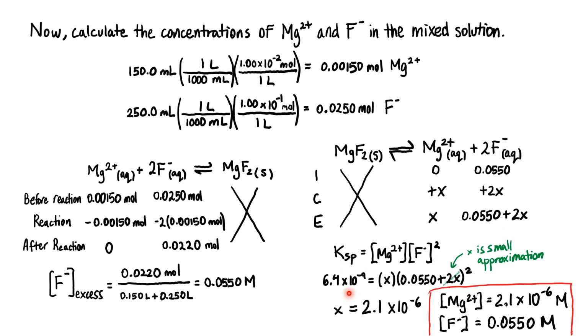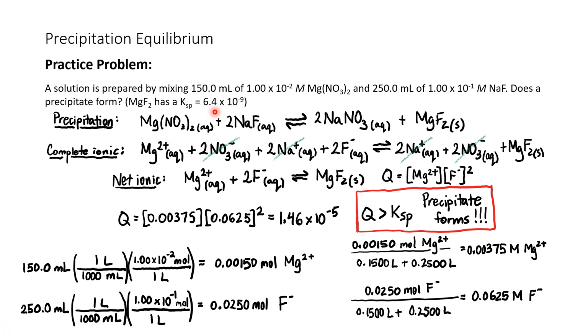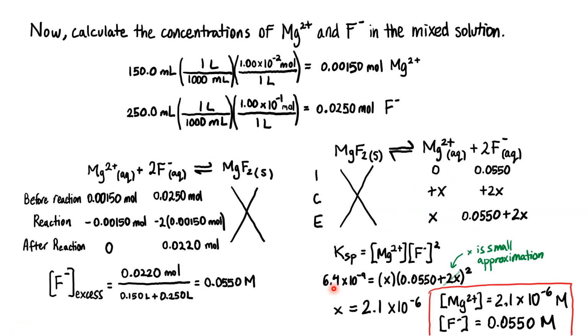And we were given the KSP. I think it was given in the previous problem, yes, it was given. 6.4 times 10 to the negative 9, there it is, equals X, the concentration of magnesium at equilibrium, times the fluoride concentration at equilibrium squared.